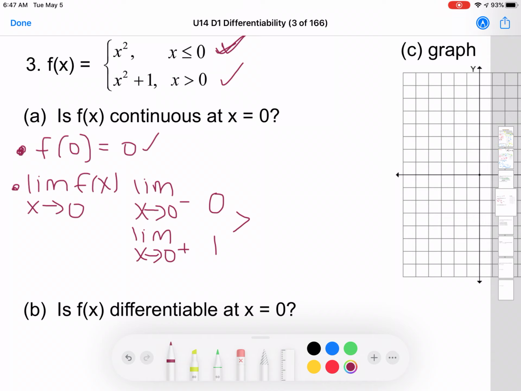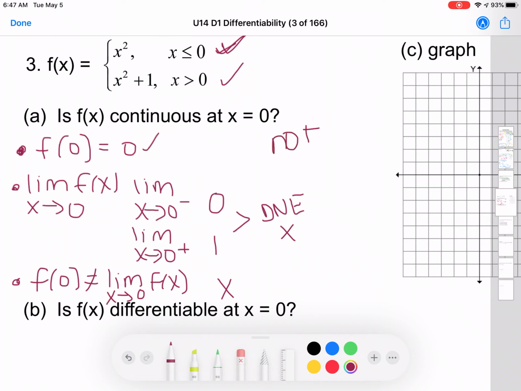So we can see right away here that the limit does not exist. So we know that the function value does not equal the limit. This piece fails, right? As does this one. So this is not continuous.